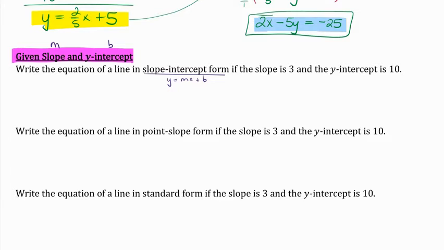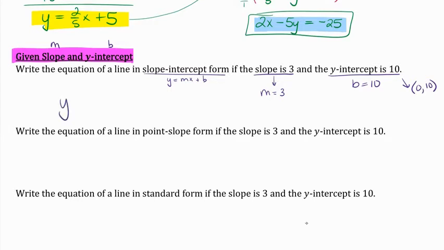Now I am given the slope is 3, so that means my m equals 3, and my y-intercept is 10, so my b equals 10. Or remember, you can think of the y-intercept as a point, the point (0, 10). Either way, I have m and b. If I want to put it in slope-intercept form, the only two things I need are the slope and the y-intercept, so I just plug them in.